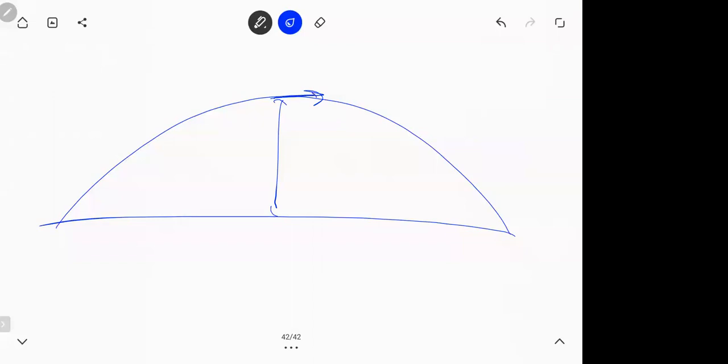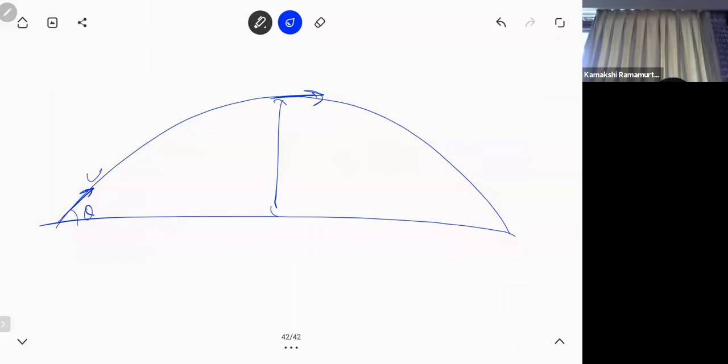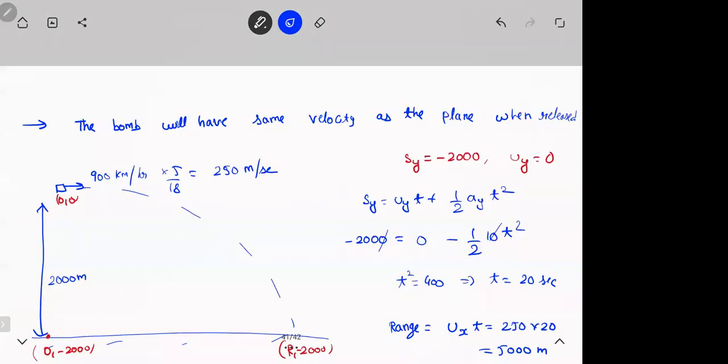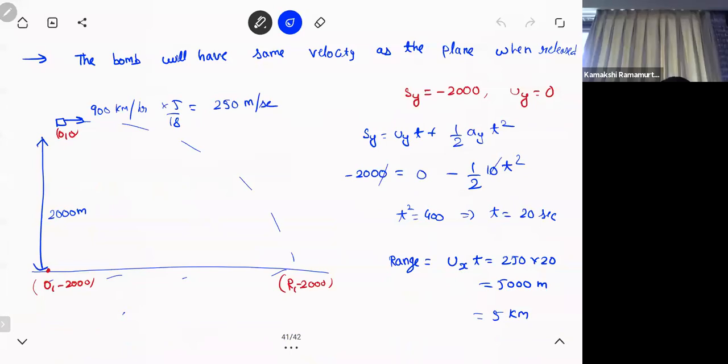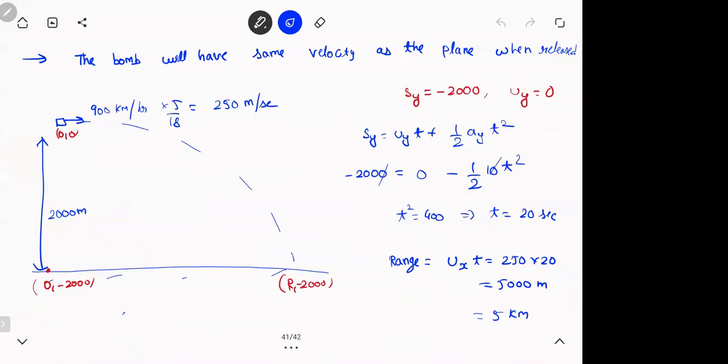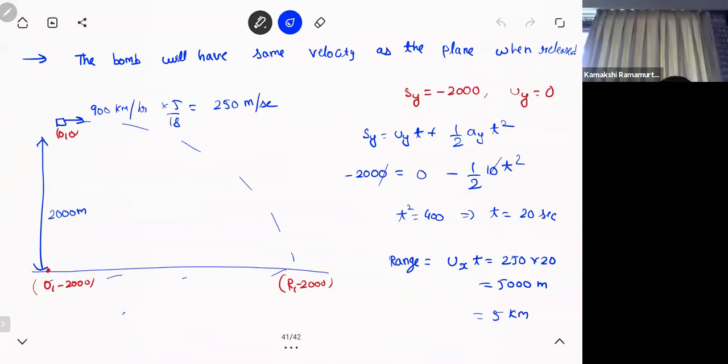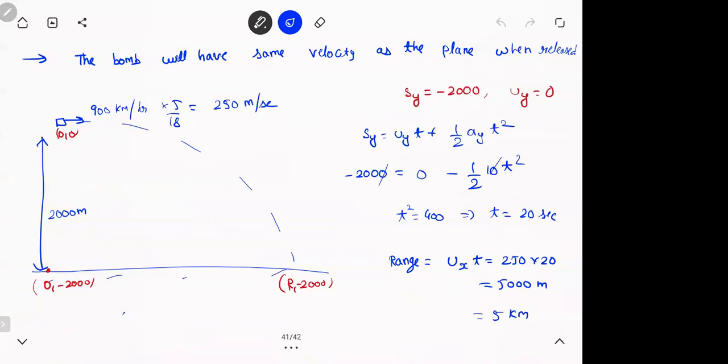But then you know what you're doing? You're trying to find this speed. How are you finding the range then? Tell me that. I found u cos theta, I found u sin theta, and then I put it in the range formula, and I divided that by 2. Yeah, I understood what you're doing, but it becomes a little complicated. No, you're not wrong. You're just a little lengthy.